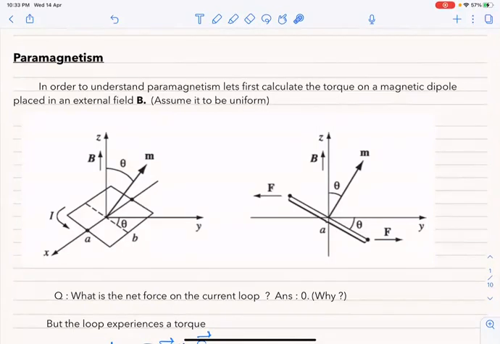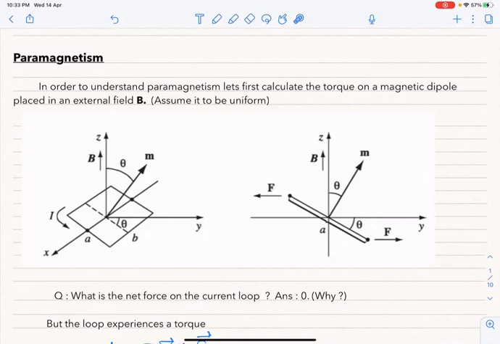As I told you, these materials will have tiny current loops associated with electronic motions. So we can consider one such tiny current loop with a dipole assigned to it, and ask what happens to this individual current loop or dipole when you apply an external magnetic field.